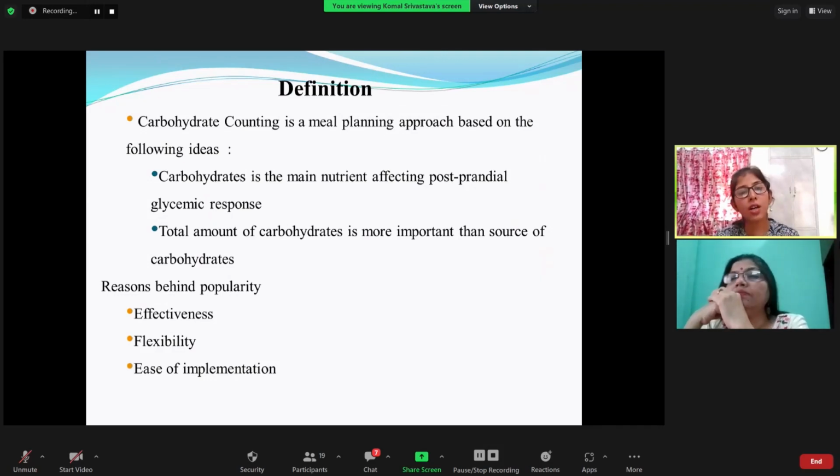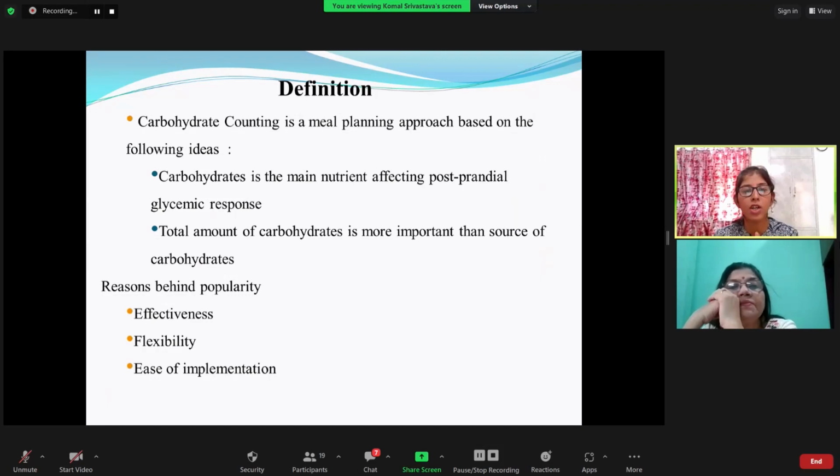We need to look into the other sources of carbohydrate in our diet, which was already mentioned in the last session by Lata ma'am, that dal and dal products also contain carbohydrate, milk and milk products contain carbohydrate, and then again fruits. So when we talk about carbohydrate, it's not about restricting cereals and millets. It's about planning a diet with cereals, pulses, milk, and fruits, so that the blood glucose remains controlled and the sugars don't rise for the child.